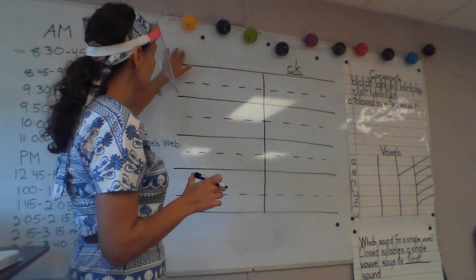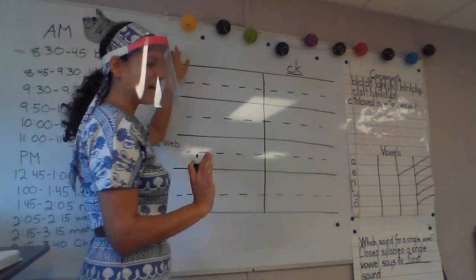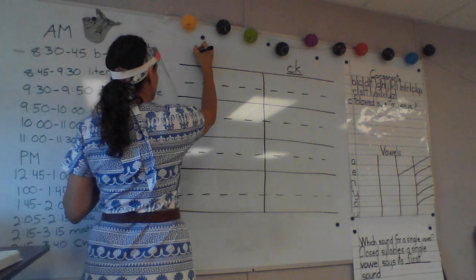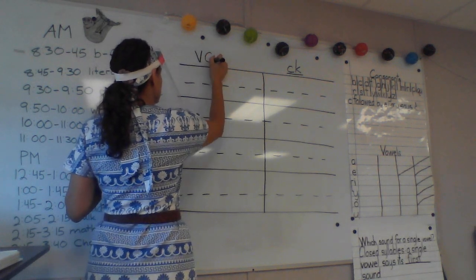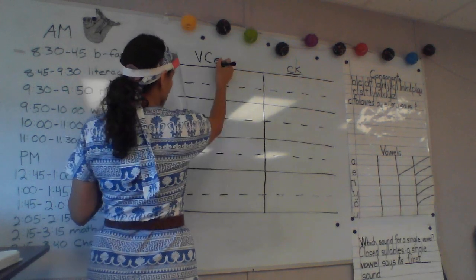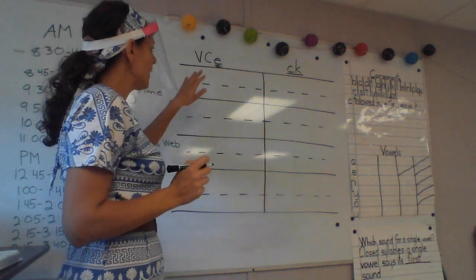All right, and on the other side, I'm going to write something that might not make sense, and then I'll explain it. So I'm going to put V, C, E. All right, and I'll actually underline this so we know.